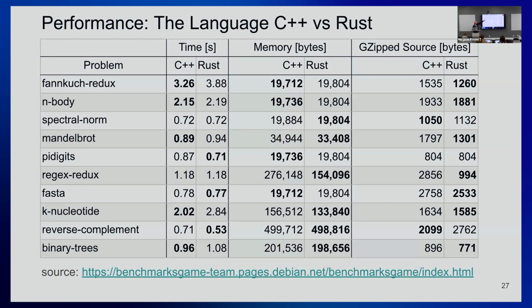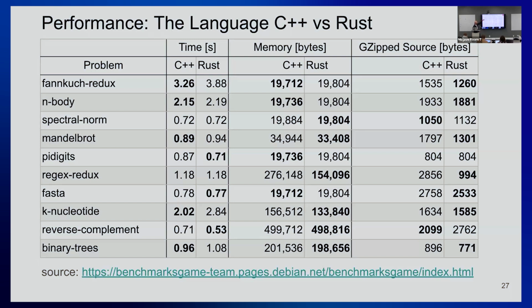As you can see, I picked the best for both C++ and Rust from these data sets. They're compared on total execution time, total memory consumed, and how big the source is if we gzip it. Smaller is better for all three of these, and I highlighted the better one.